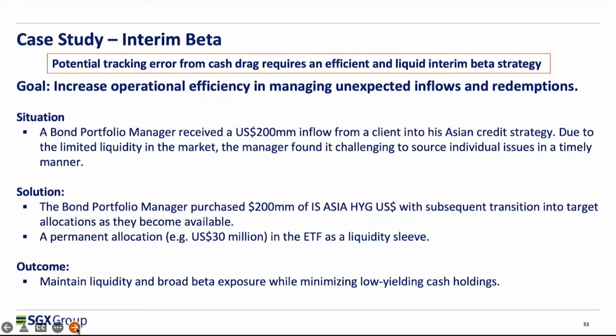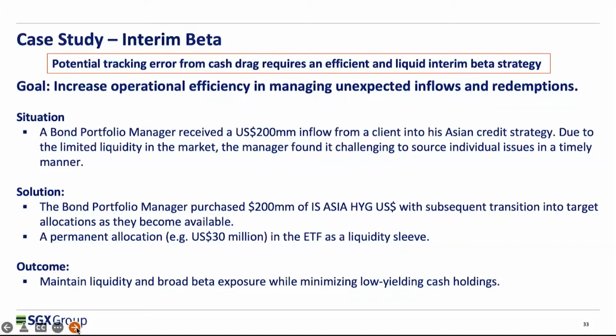So this is the situation that I'm talking about. Suppose you are a bond portfolio manager and you just received a 200 million inflow with the mandate to invest into an Asia credit strategy. Now, you are not an ETF manager by any means, but you are an active Asian credit specialist.